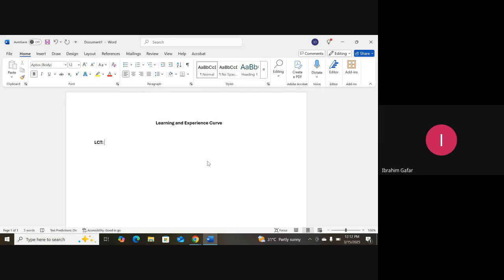The unit is 1. Whenever that 1 is doubled, meaning that 1 will become 2, the cumulative average time will be what?